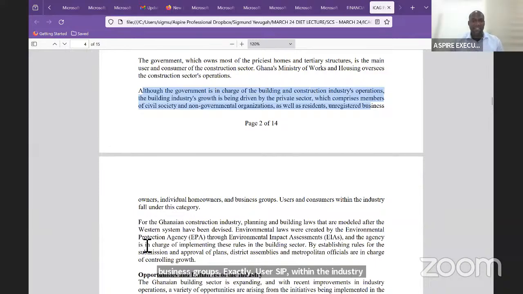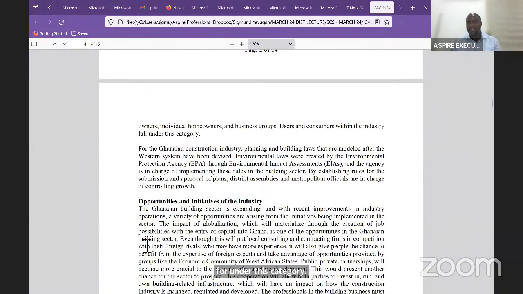Exactly. And as I said, I have not seen the mention of GREDA, the Ghana Real Estate Development Association, which is a very essential part of this whole process.